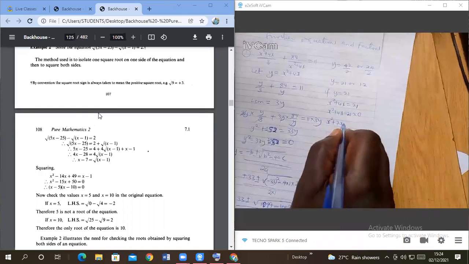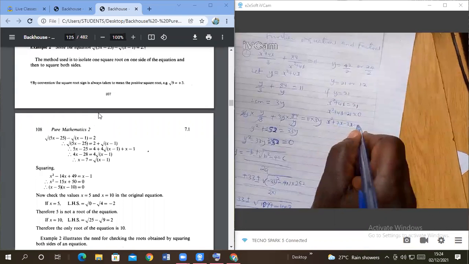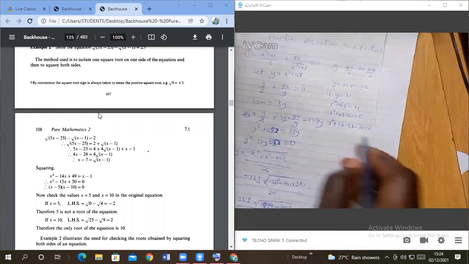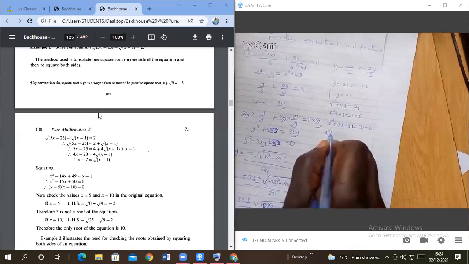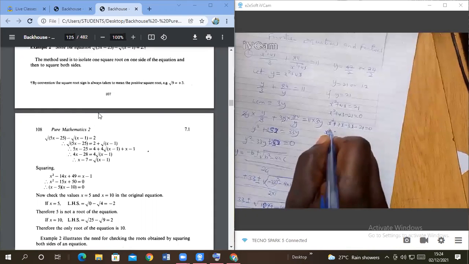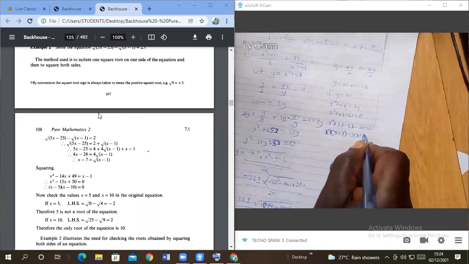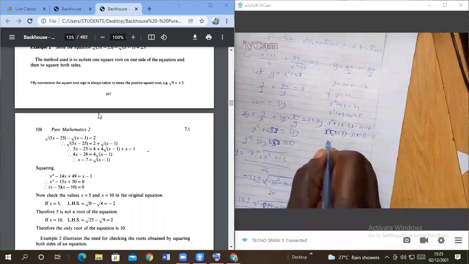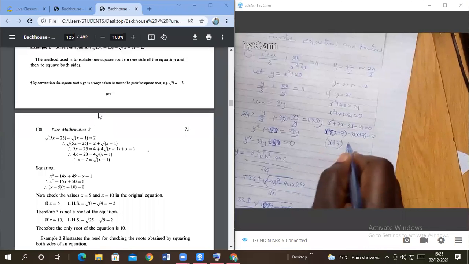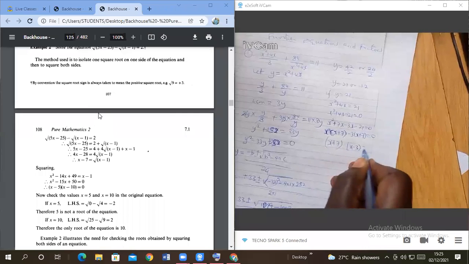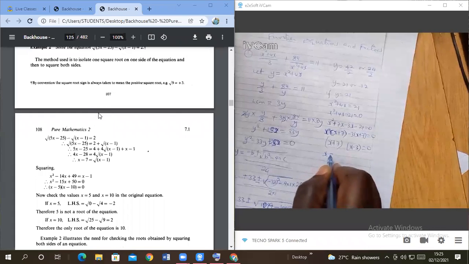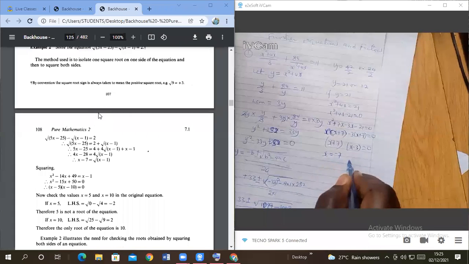So we have x squared plus 7x minus 3x minus 21 is equal to 0. So x into (x plus 7) minus 3 into (x plus 7) is equal to 0. So (x plus 7) into (x minus 3) is 0. So the values of x for y equal to 21 are negative 7 and positive 3.